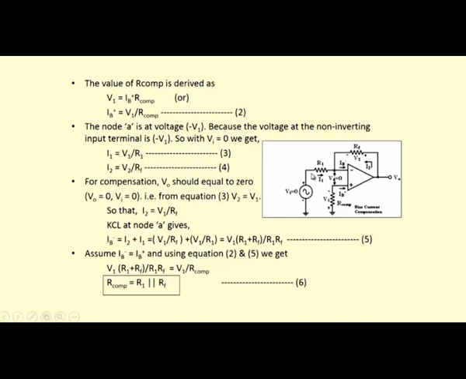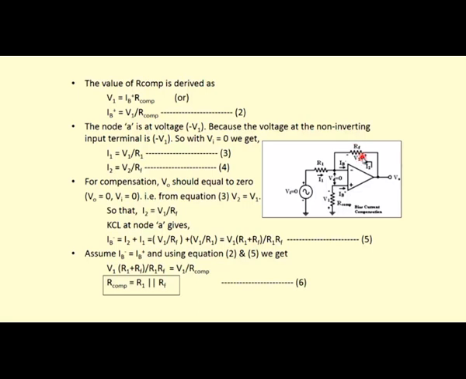So, what is I1? If the voltage at this node is minus V1, I1 is represented as V1 by R1. So, V1 by R1 is I1. I2 is V2 by RF.